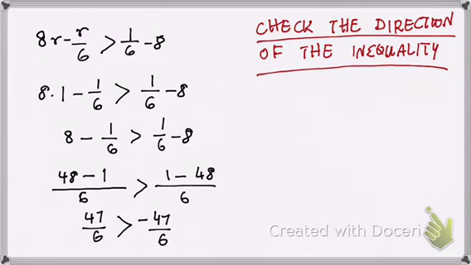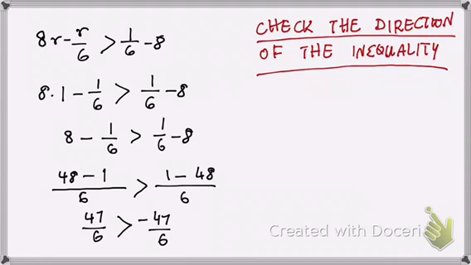So when you simplify this, when you take the least common denominator, which is 6, you will get 48 minus 1 divided by 6. 48 minus 1 is 47, so 47 divided by 6 on the left hand side.